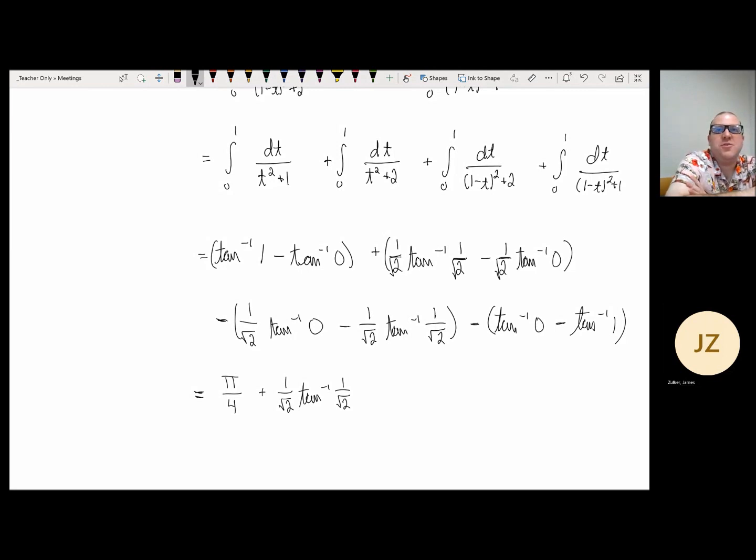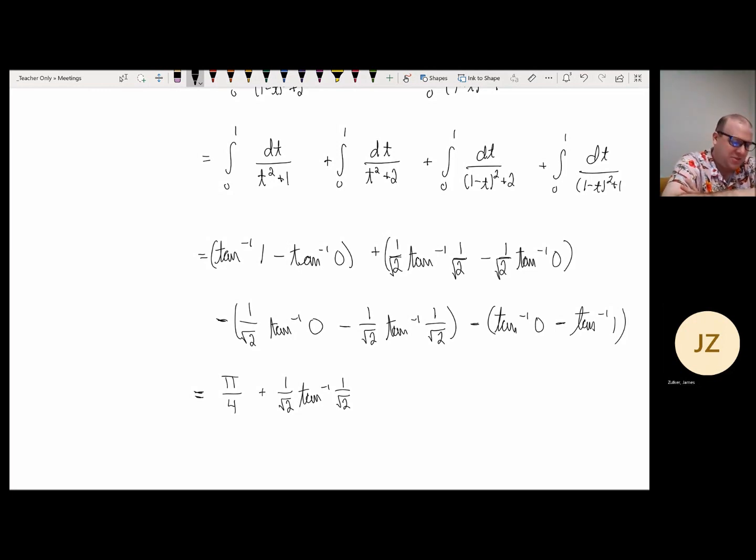Just the inverse tangent of 1 over root 2. That does not have a nice answer, right? Because the question is, tangent of what angle gives you 1 over root 2? Some not really nice angle.